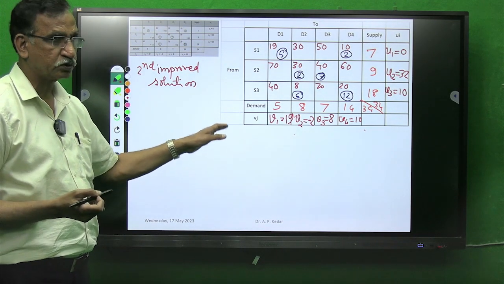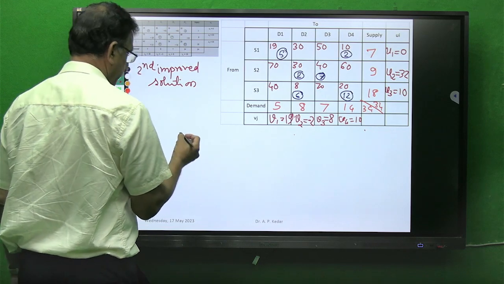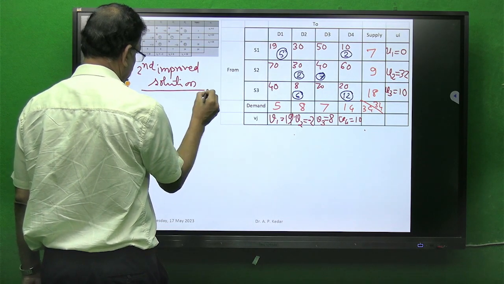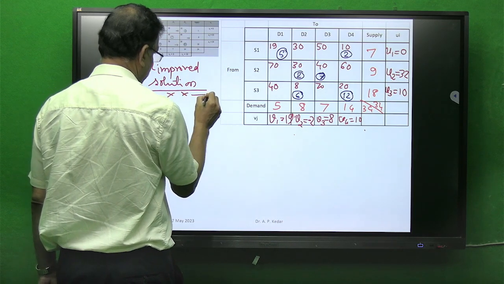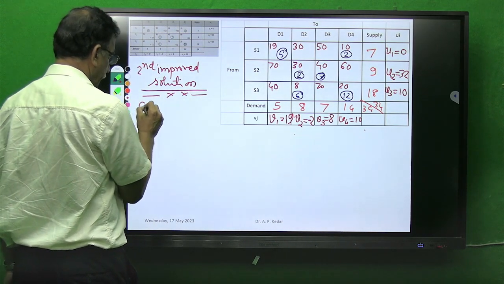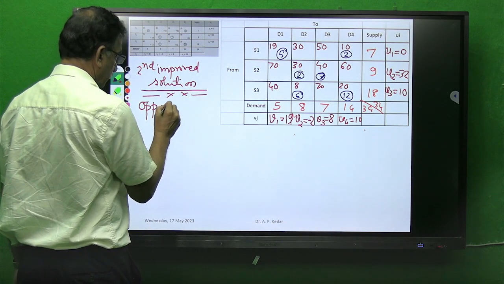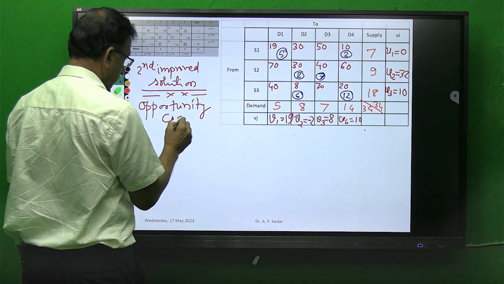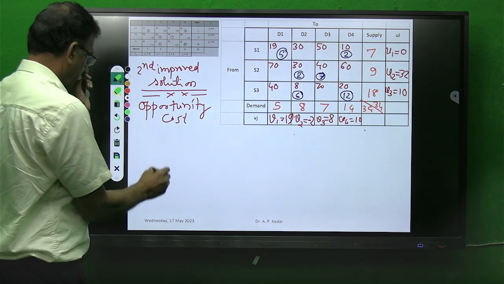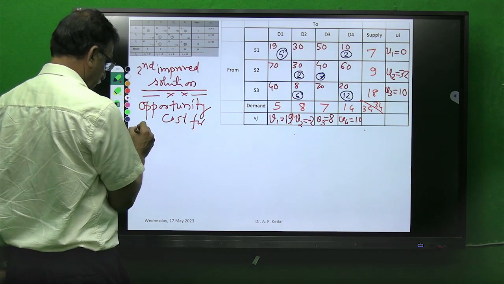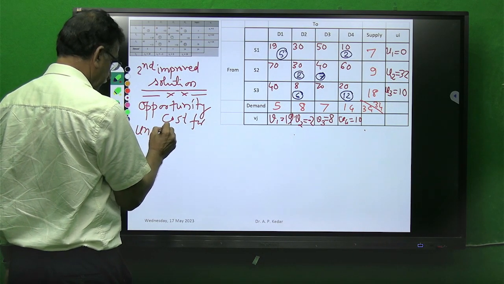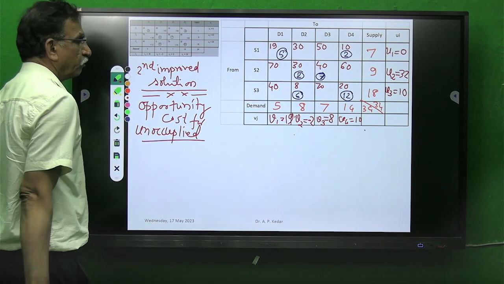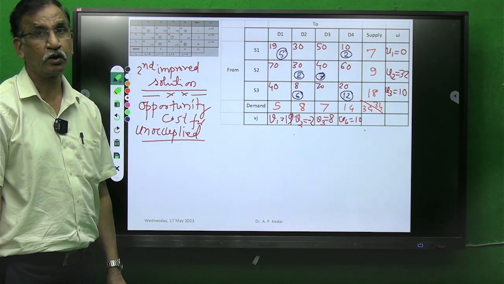Now once you do this, your task is to find what? Can you guess? Yes, you have to find the opportunity cost. For what? For unoccupied cells. Unoccupied cells are those cells where you don't have allocations.